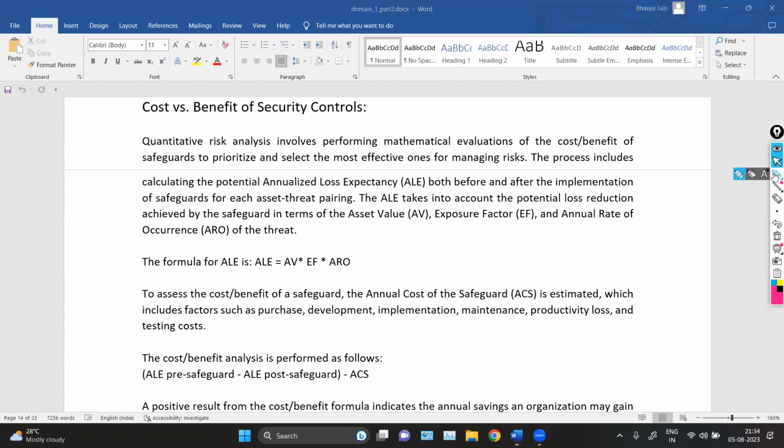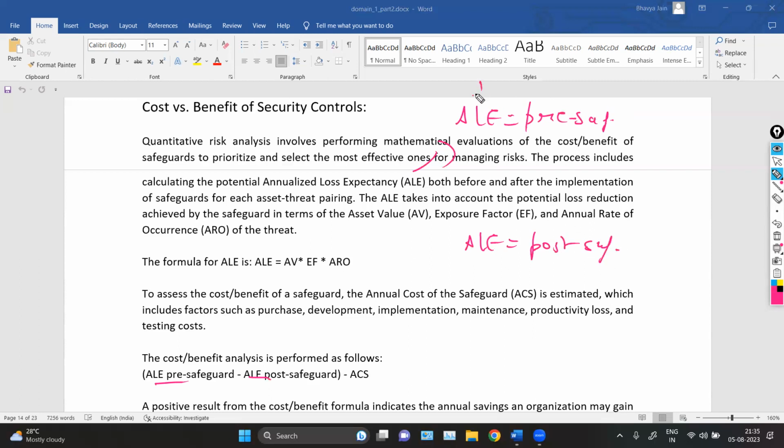Before putting the safeguard, the ALE is the pre-safeguard ALE, and after putting the safeguard, it is the post-safeguard ALE.